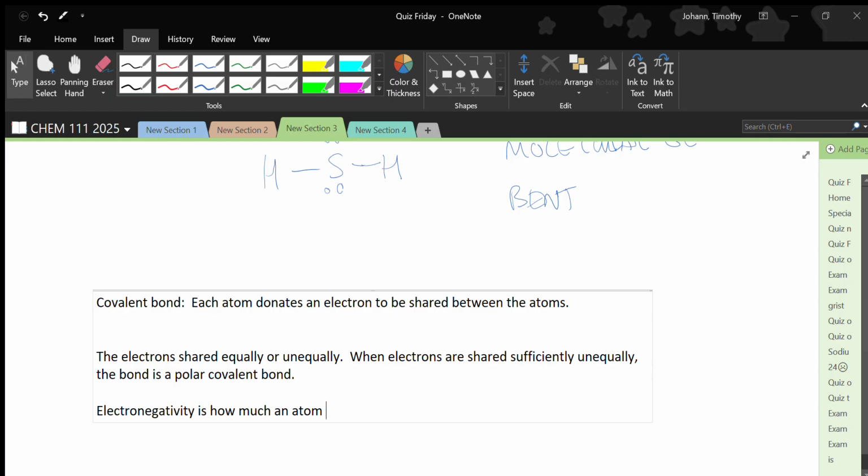I'll put wants because I'm anthropomorphizing it. Okay, it's kind of a mix of our electron affinity and our ionization energy.